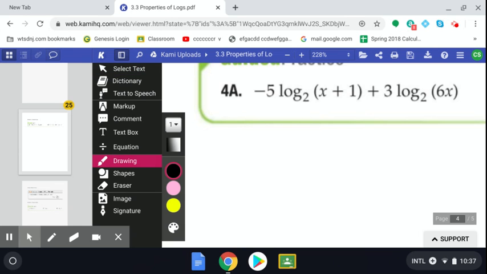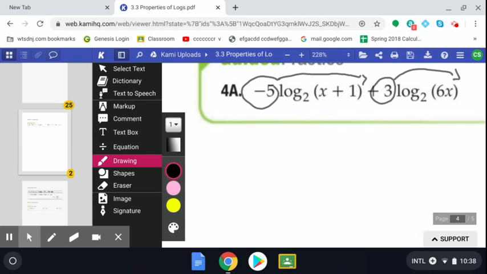So for A, we have -5 log base 2 of x plus 1 plus 3 log base 2 of 6x. So right away, when I look at this, I think, well, that can be changed to an exponent. This can be changed to an exponent. So I'm going to perform that first.